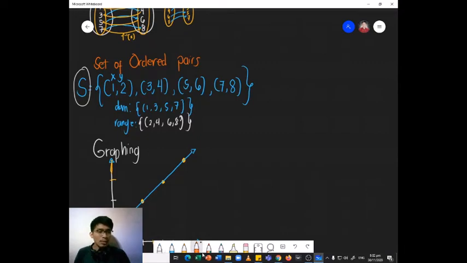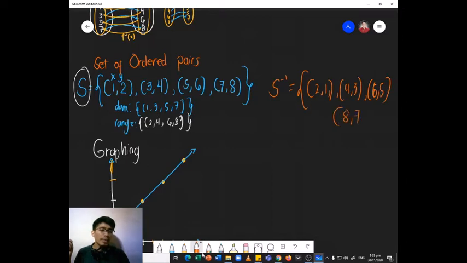So S raised to negative 1. My new inverse of this set of ordered pairs now is (2, 1), (4, 3), (6, 5), and (8, 7). So this is now the inverse of the set of ordered pairs.